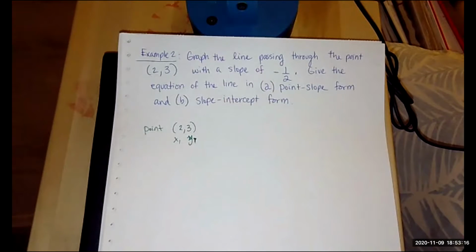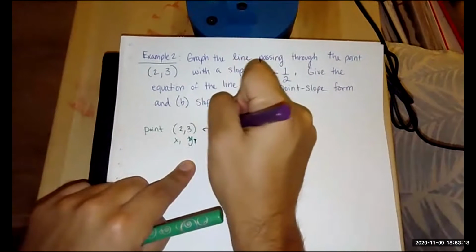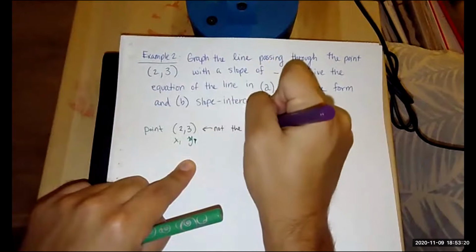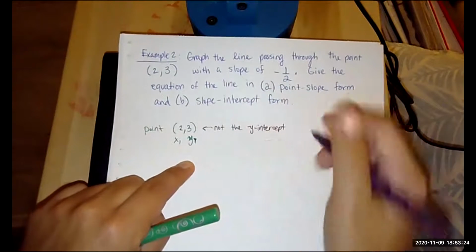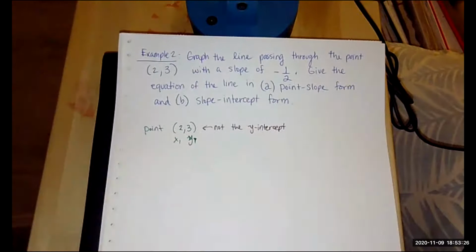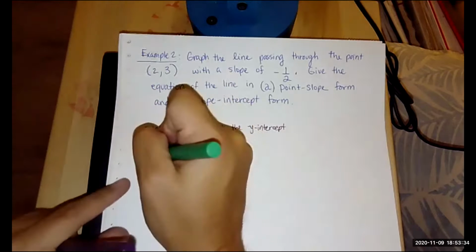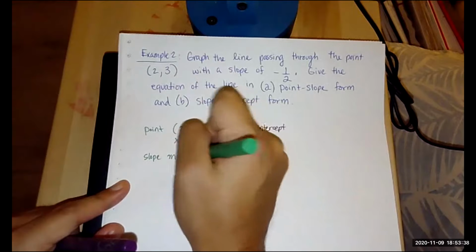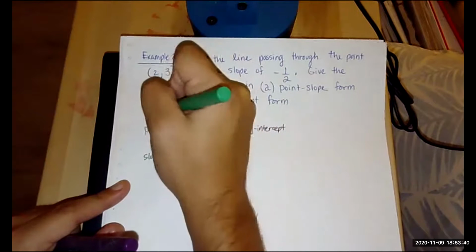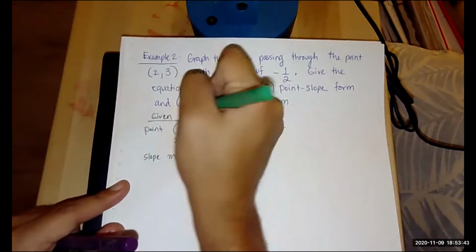I also know that this is not the y-intercept, because the y-intercept will always have a 0 for the x value. They've also given you the slope, m, which is equal to -1/2, right? So this has been given to you.